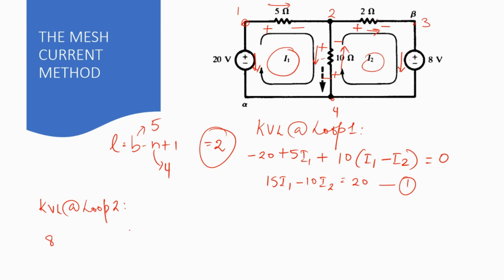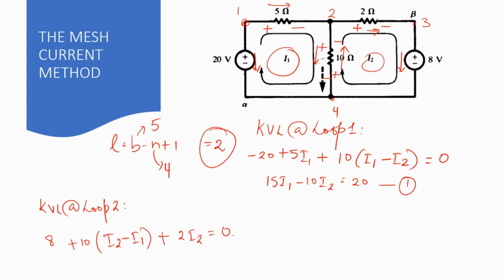So plus 8 plus 10 into I2 minus I1 because this time around we are considering the KVL from loop 2's point of view. So we are considering that the current flowing through the 10 ohm resistor is now I2 minus I1 and plus 2I2.